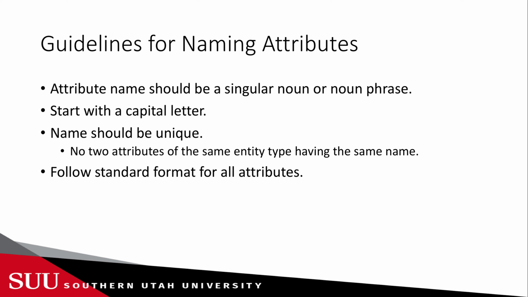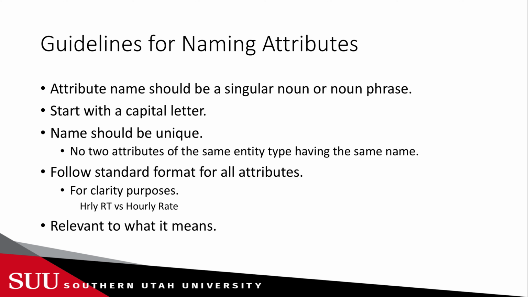We need to follow a standard format for all attributes. This is only for clarity purposes. So if I follow the first one for hourly rate, I need to follow it with every single attribute, or I can use hourly rate as full words and it's going to be fine, but I need to follow it with all attributes as well.